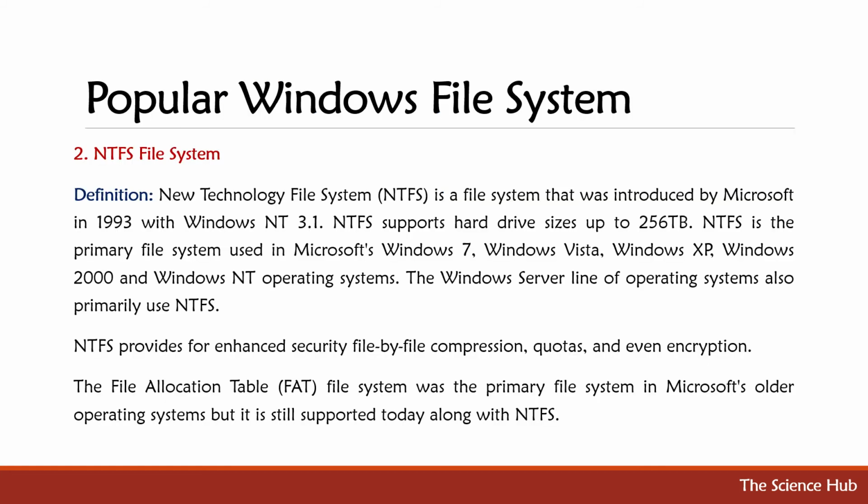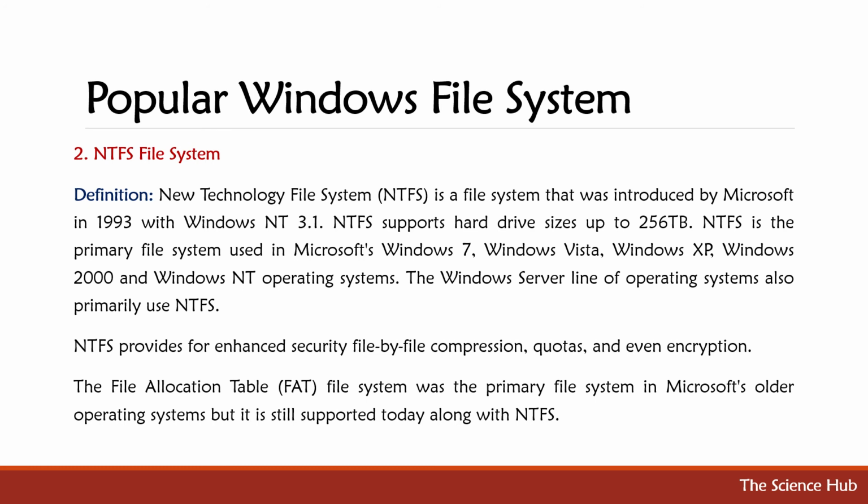Number 2, NTFS file system. New Technology File System, or NTFS, is a file system that was introduced by Microsoft in 1993 with Windows NT 3.1. NTFS supports hard drive sizes up to 256 TB. NTFS is the primary file system used in Microsoft's Windows 7, Windows Vista, Windows XP, Windows 2000, and Windows NT operating systems.